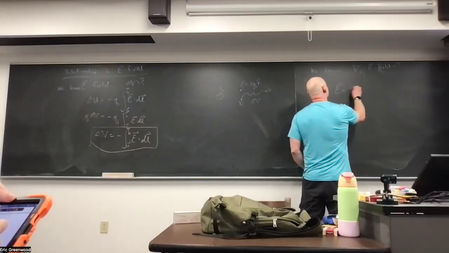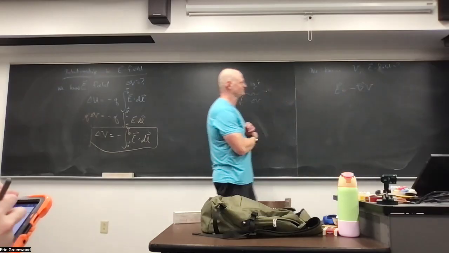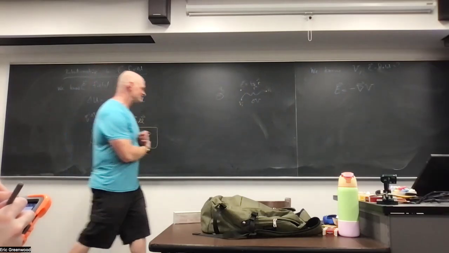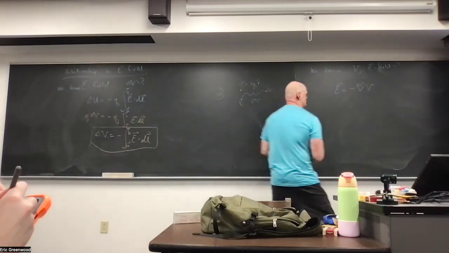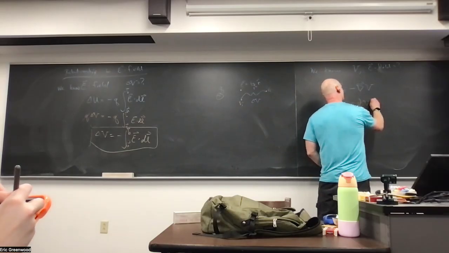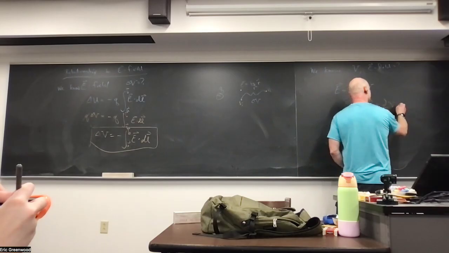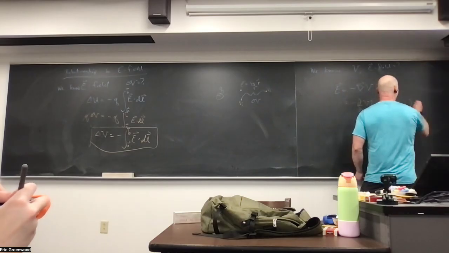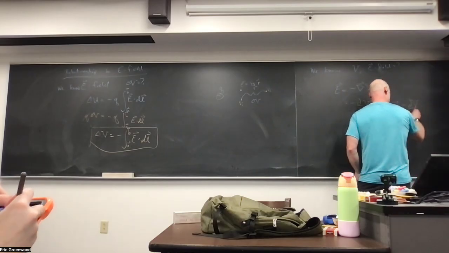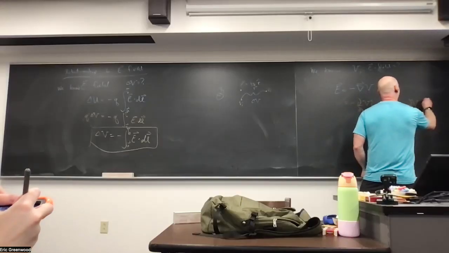The electric field is equal to minus the gradient of the electric potential. So by its mathematical definition, this is equal to minus the partial derivative with respect to x of the potential in the i hat direction, minus the partial derivative with respect to y of my potential in the j hat direction, minus the partial derivative of the potential with respect to z in the k hat direction.